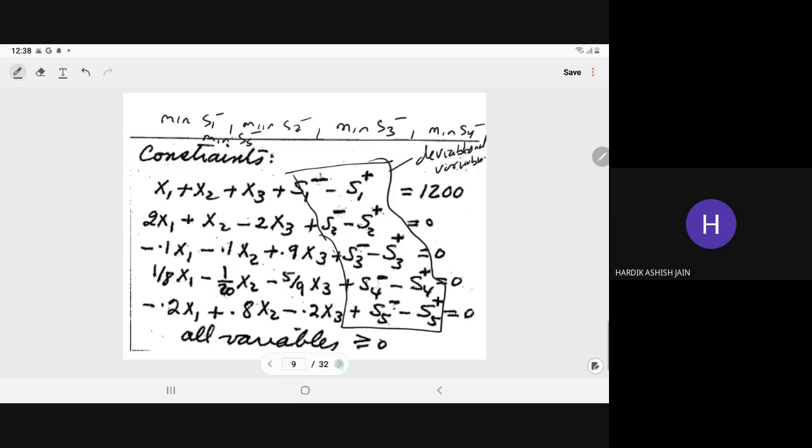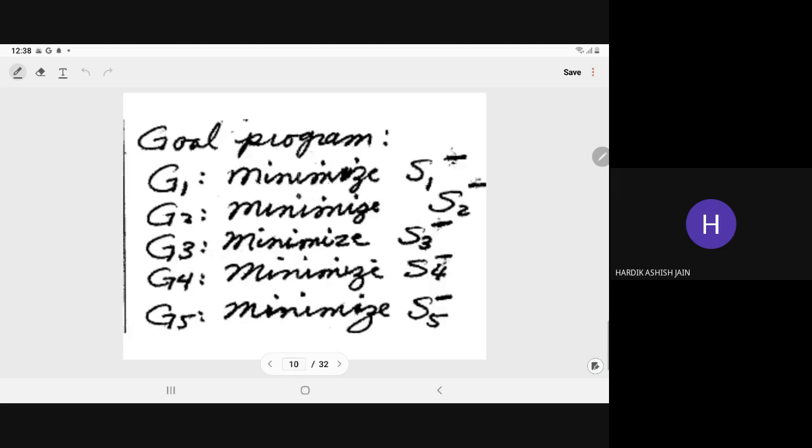Clear this part? So here we have the goals G1, G2, G3, G4, G5: minimize S1 minus, minimize S2 minus, minimize S3 minus, minimize S4 minus, minimize S5 minus. For such a question, you have to concentrate on which one is the decision constraint and which one is the goal constraint.